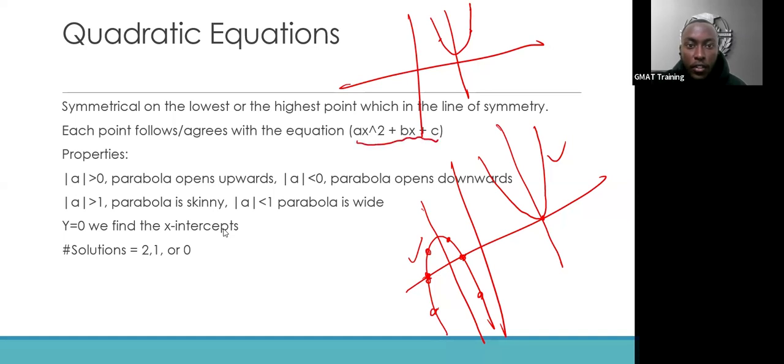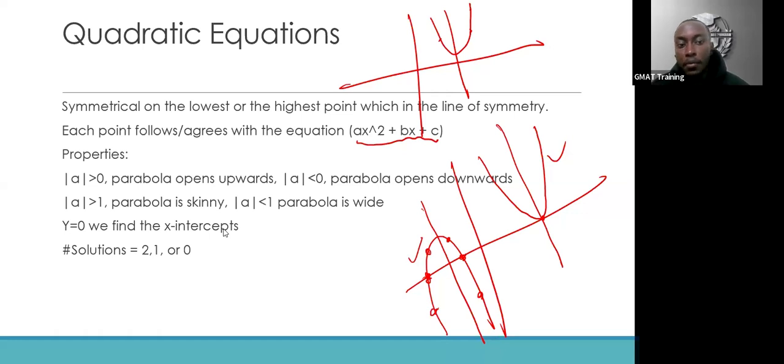Talking about this equation here, ax squared plus bx plus c equals 0. If we put this expression equal to 0, whereby y equals 0, then we find the solution of the quadratic equation, which is the x-intercepts.